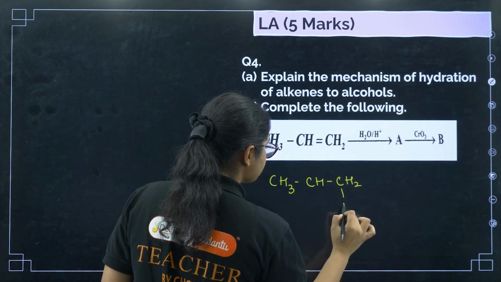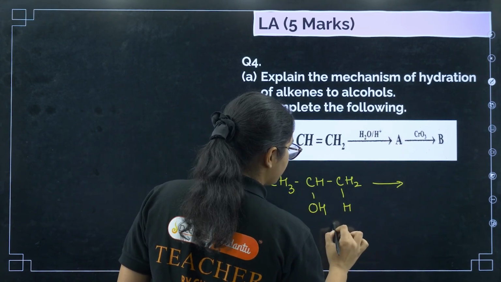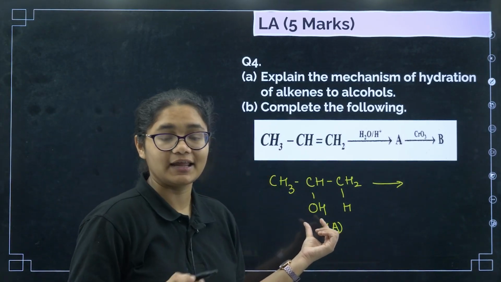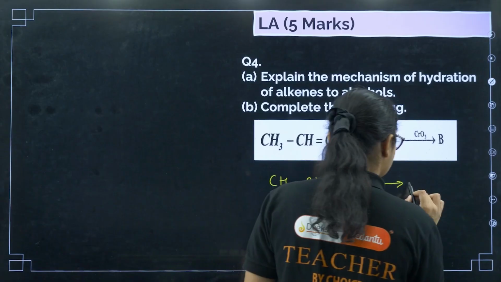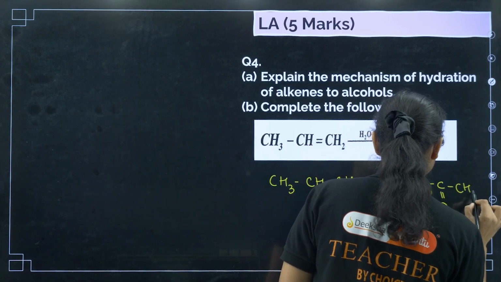Okay, next we have CrO3, this is A. CrO3 is a very good oxidizing agent, it will convert secondary alcohols to ketones. So what will I get? CH3, C double bond O, CH3.